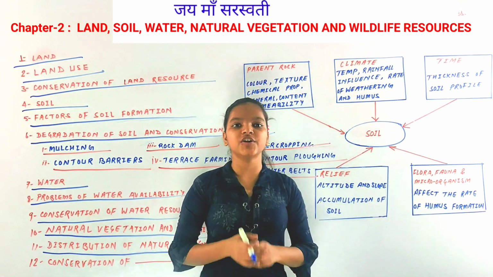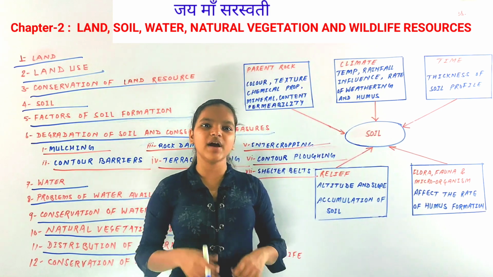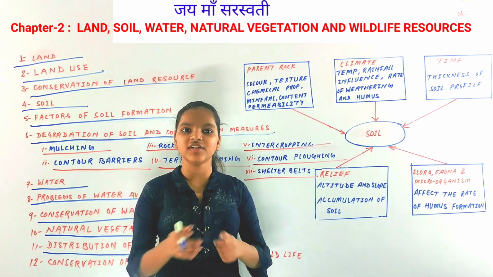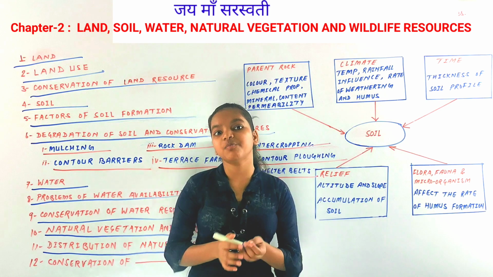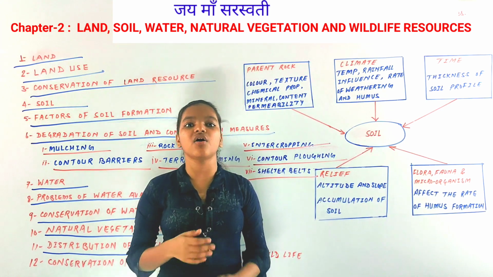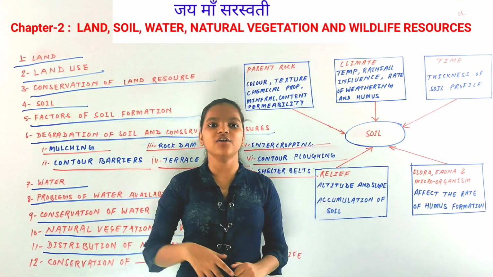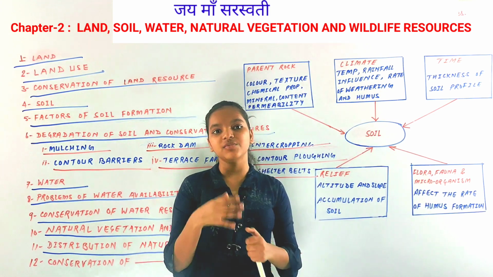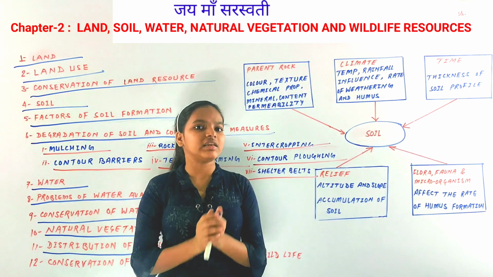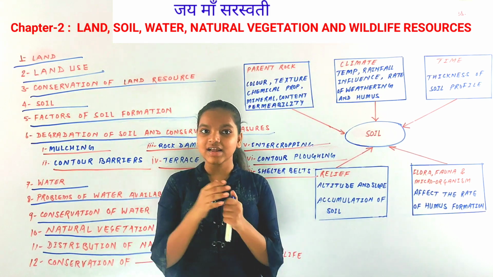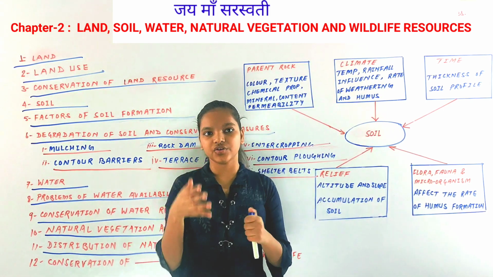Distribution of natural vegetation. If we talk about natural vegetation, what comes in natural vegetation? Plants, trees, crops, these are all natural vegetation, that is nature's given. Now there can be 4 types of vegetation: forests, grasslands, scrubs and tundra regions.